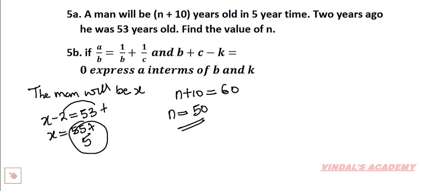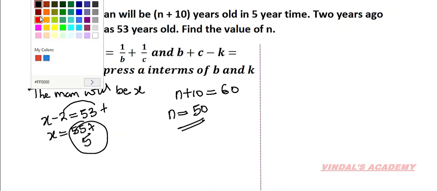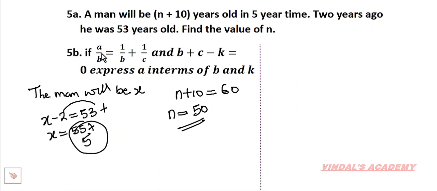So let me solve the last question here. All right, let's say A over B is equal to 1 over B plus 1 over C. And then we say that B plus C minus K is equal to 0.